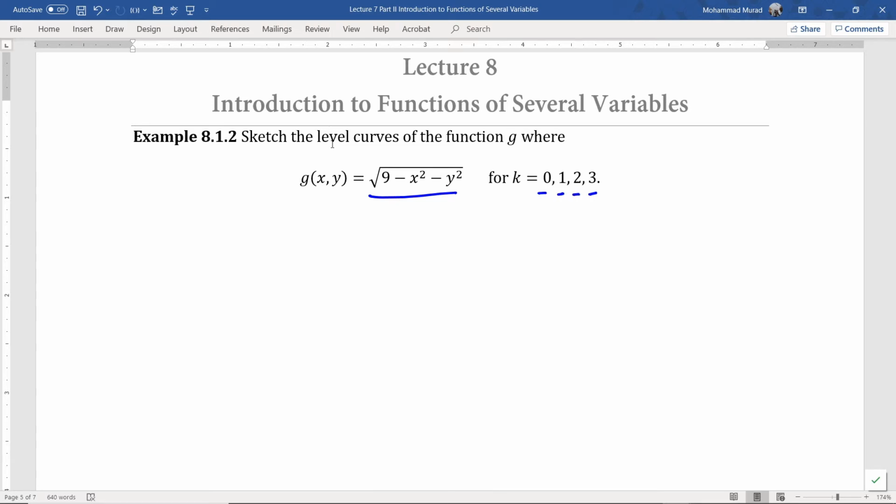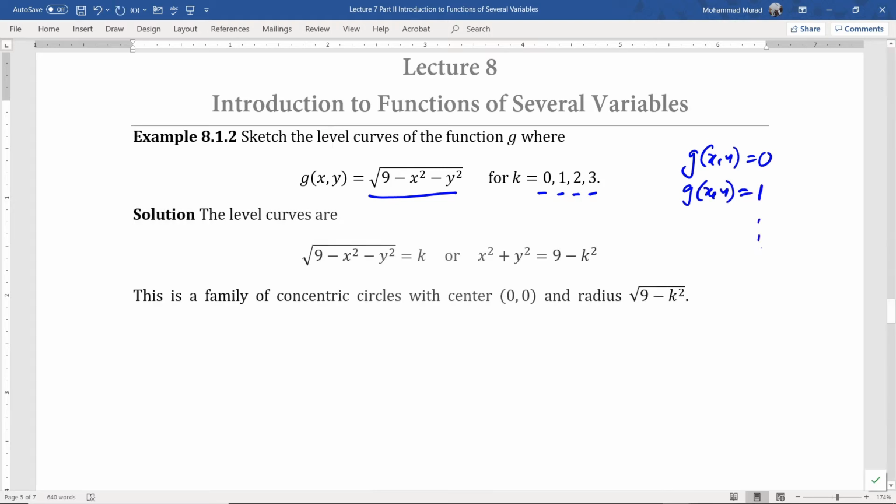So we want to plot the level curves of the function g where g of x, y equals 0, g of x, y equals 1, and so on. Let's have a look at the solution.